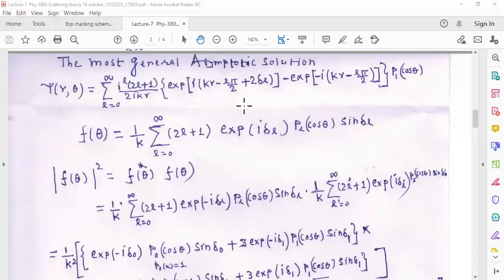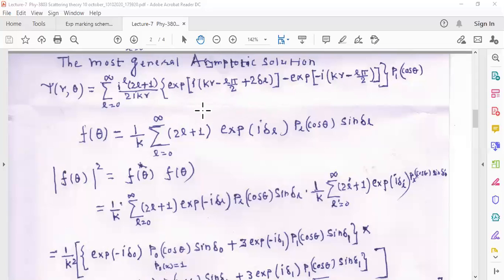The particle experiences a potential near the origin, right? But if the particle is very far from the origin, that is at a large distance r, then it does not experience a potential. It does not have any knowledge of the potential at a large distance from the scatterer.